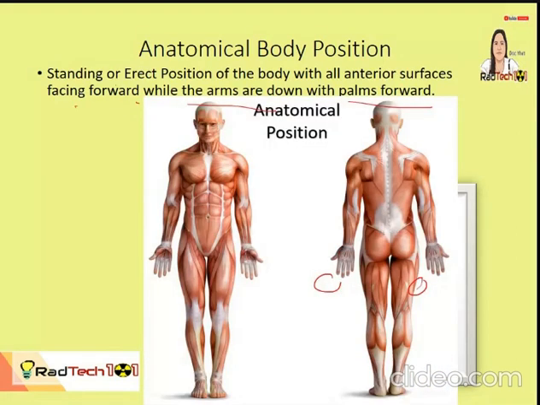So, facing forward, then the palms are also facing forward, the arms are down, and feet are slightly apart. Actually, hindi siya naka-slight apart, pero dapat slightly apart for balance. Okay?